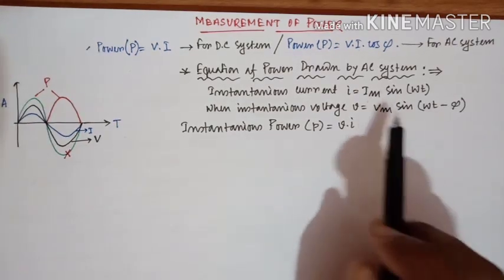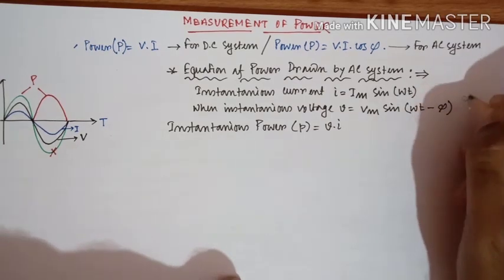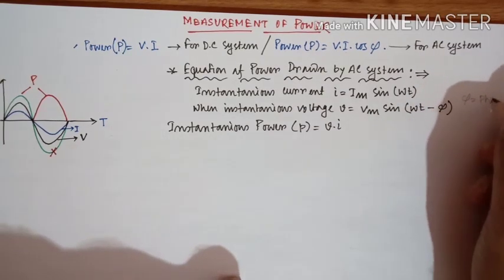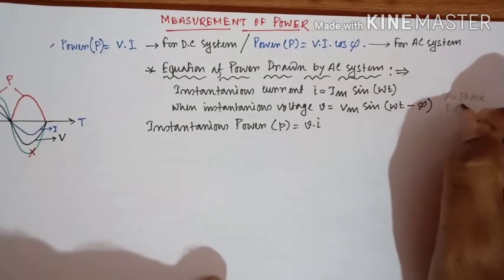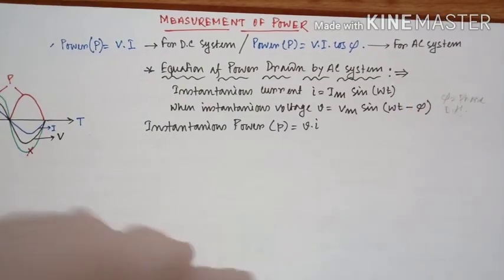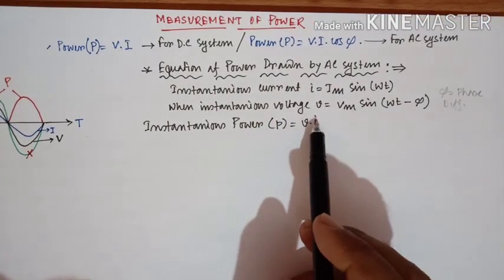Here phi is the phase difference between this current and voltage. So instantaneous power small p should be equal to the multiplication of this v into i.